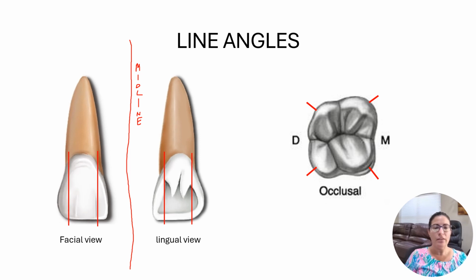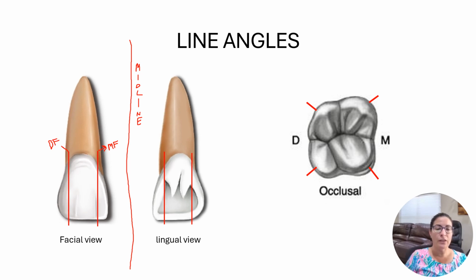Think about the fact that a tooth is rounded, even though this is a two-dimensional picture. If the line in the middle is the midline, then the red line on the mesial of the tooth is going to be the mesial facial line angle, and the one on the other side of the tooth is going to be the distal facial line angle.